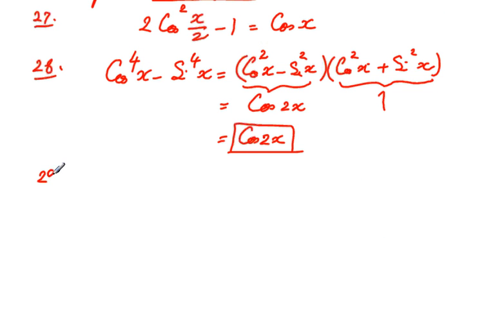Let's do one more. 29: sine x minus cosine x, squared, plus sine of 2x. Okay, you suggest to me what to do next. Well, we look at this.